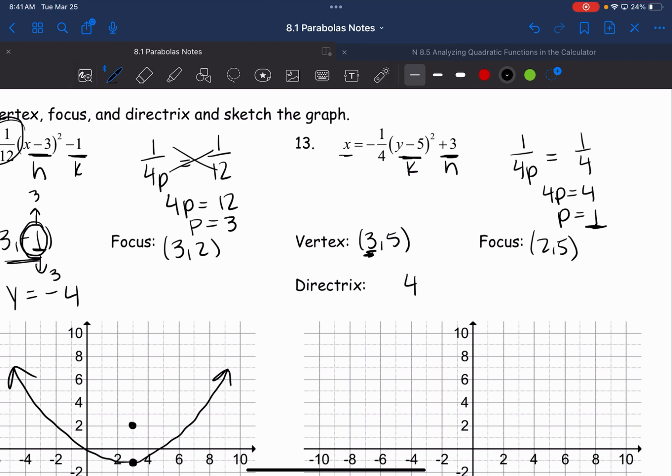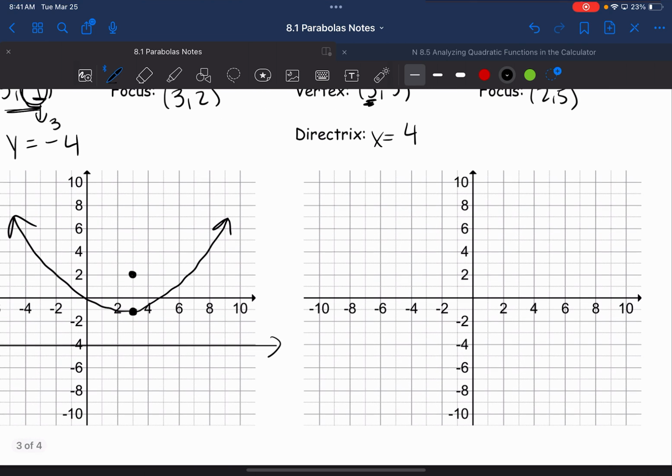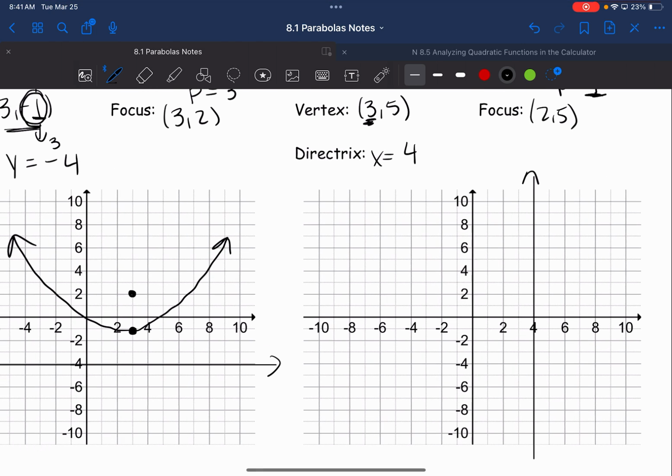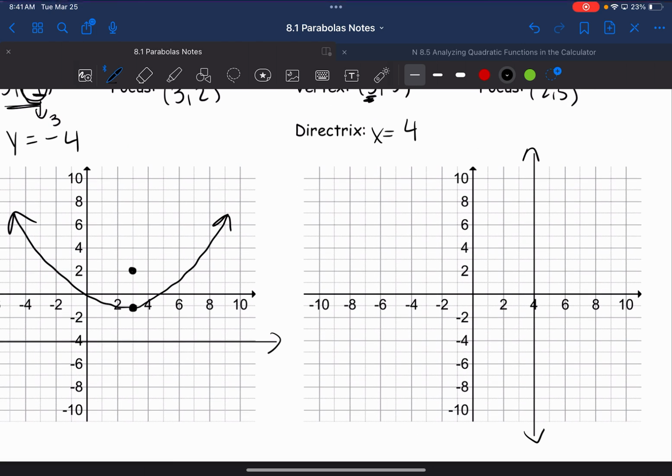Now remember, your directrix is a line, not a point. And this time it's a vertical line, so it would be the line x equals 4, right? So on my graph, I've got my directrix over here at x equals 4. I've got my vertex at 3, 5, and my focus at 2, 5.